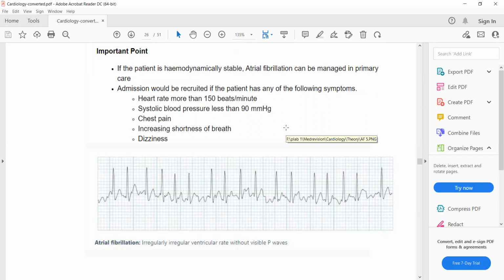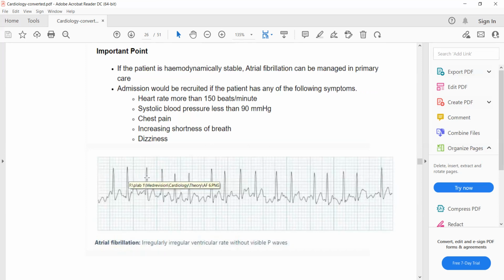And the second diagnostic point for atrial fibrillation on ECG is that the QRS complexes are irregular. What are irregular QRS complexes? You can see that the RR interval between the first two QRS complexes is 1, 2, 3, 4, 5, almost 5 small boxes.